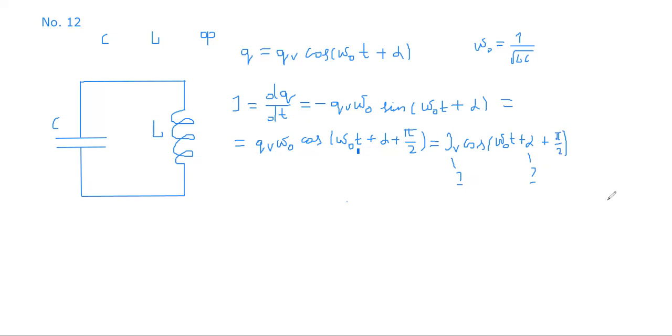How to do this? I think we can find them from initial conditions.